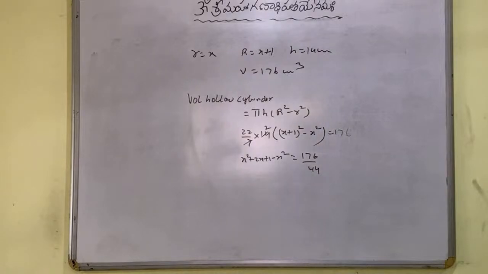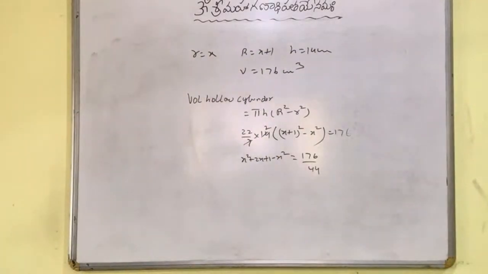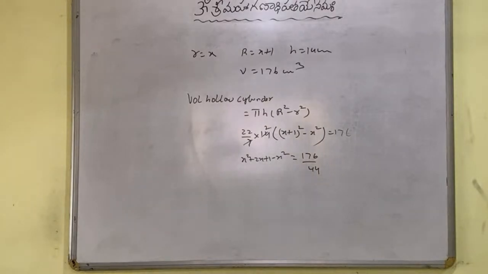A plus b whole square expansion. X is 1.5, that is, inner radius 1.5, outer radius 2.5.